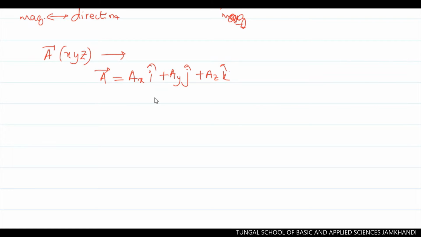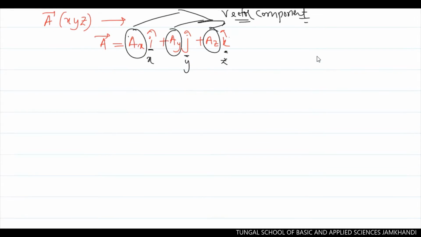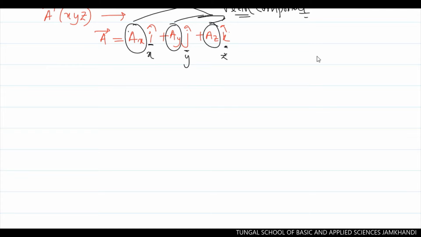Here i, j, k represent the x, y and z directions respectively, right? So ax, ay and az are the vector components, the parts of the vector A along the different directions.